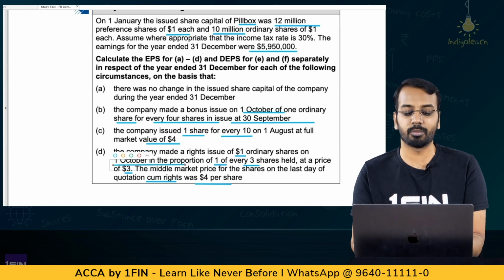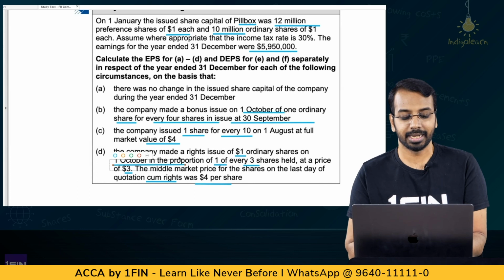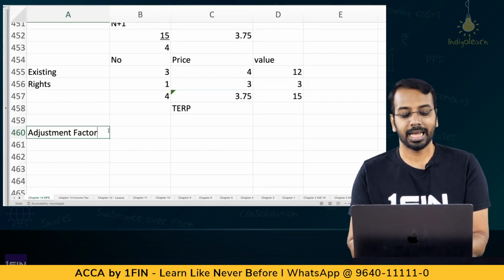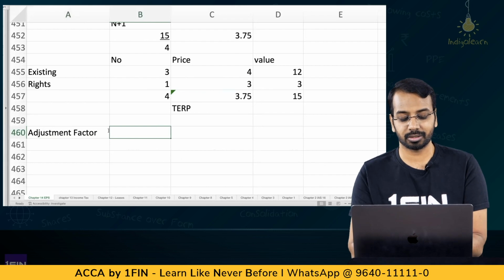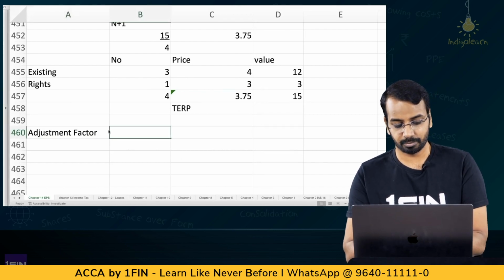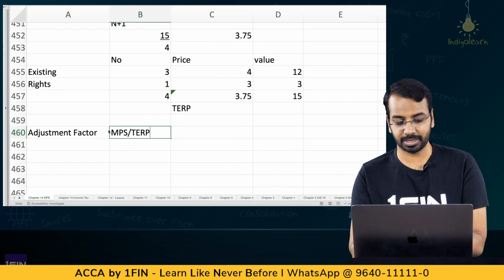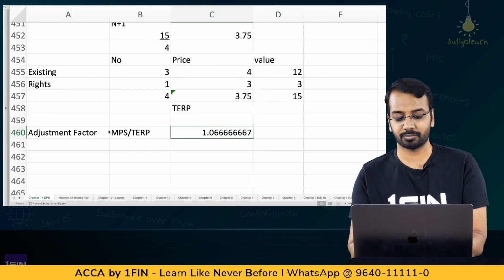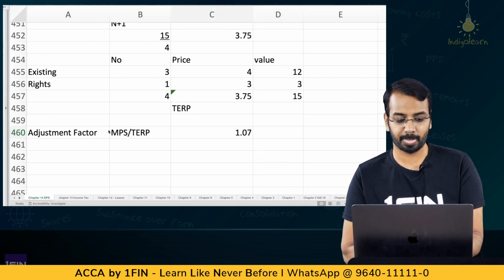So this 1st of October is relevant for calculating the weighted average shares. Now what is the adjustment factor? Adjustment factor is your market price per share divided by TERP, which is 4 divided by 3.75, that is 1.07.